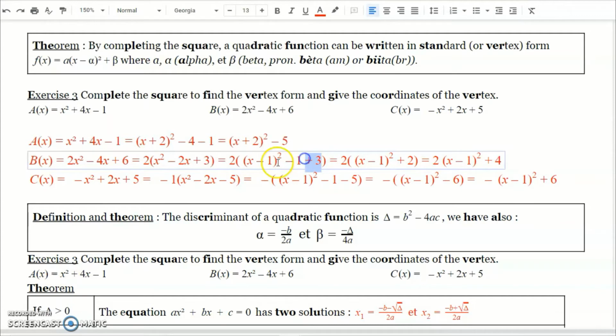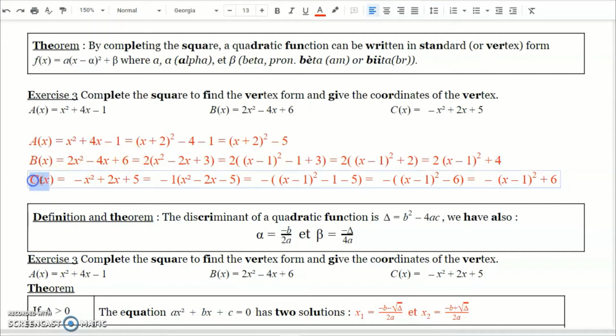The plus 3 is still here, and we get (x - 1) squared plus 2, all multiplied by 2. Now we multiply out the 2, and we get 2 times (x - 1) squared plus 4.